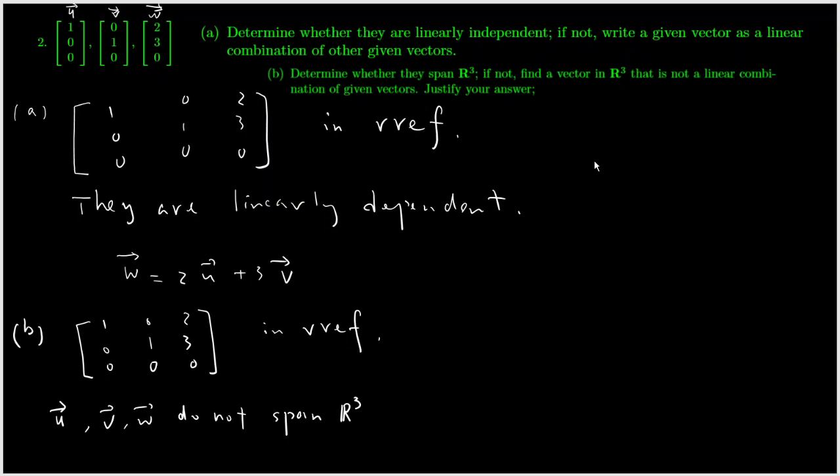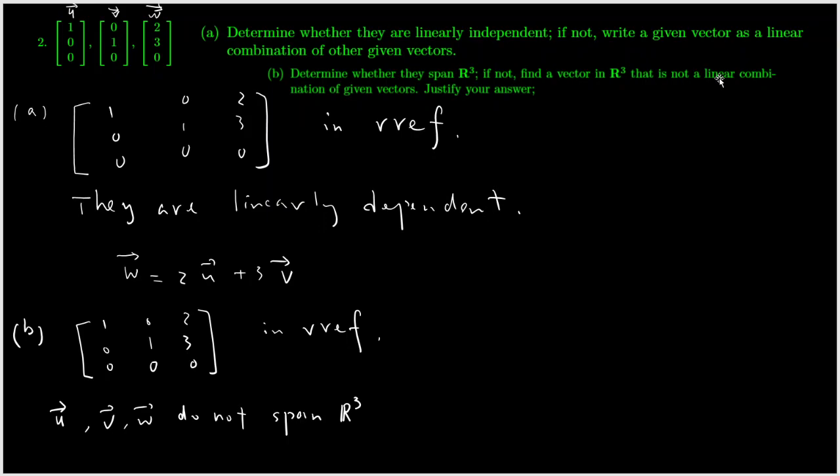And they do not span R3 means not every vector is a linear combination of U, V, and W. By that we mean there's at least one vector in R3 that is not a linear combination of U, V, and W.